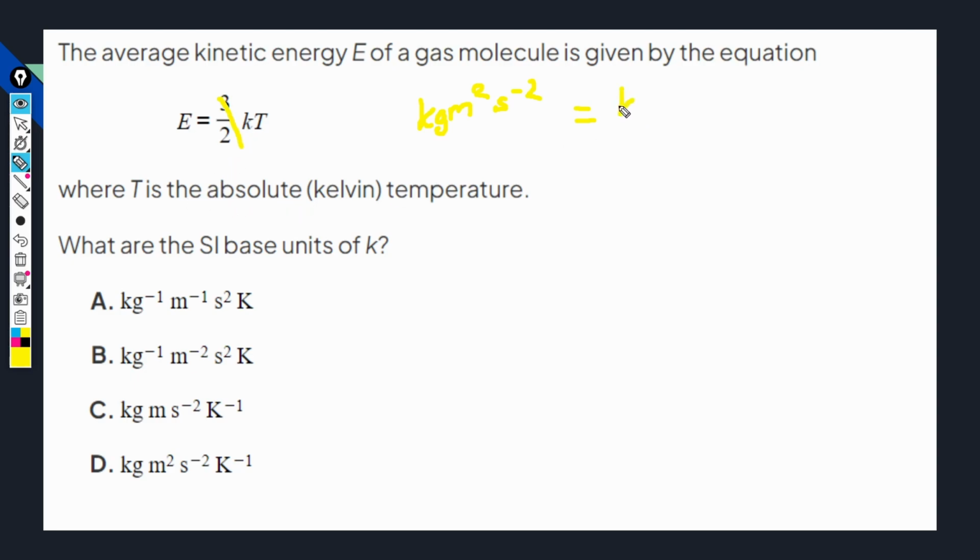So we know Kelvin is over here, and there's an unknown value, just take it as x. So we need to find the value of x. We can move k to the other side. It's just like a normal equation in algebra. It would be kg meters squared second minus 2 Kelvin minus 1 will equal to x. And which of these options matches this? So it would be option D.